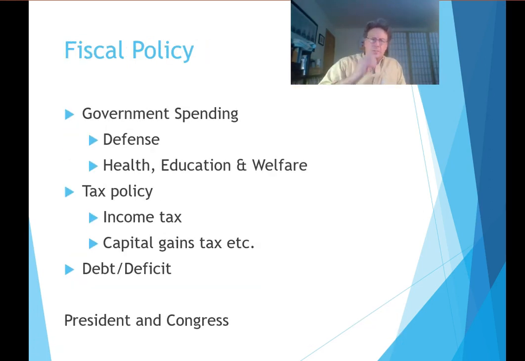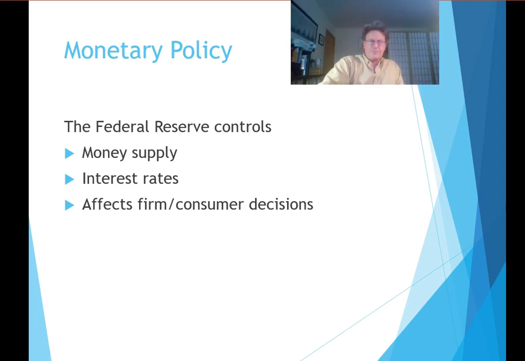But there's a whole other part to policy. So fiscal policy, some of you might know the other end of this. The other big player in macro policy is the Federal Reserve.